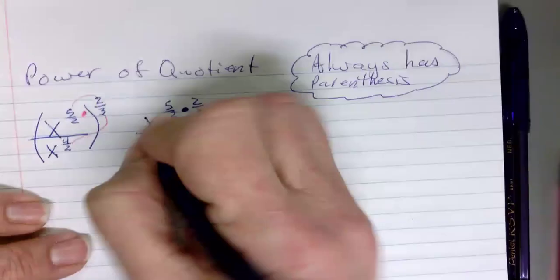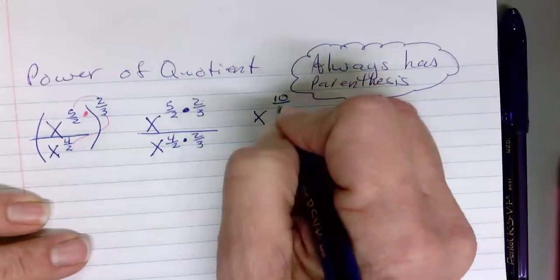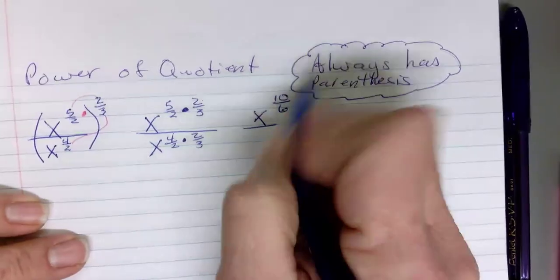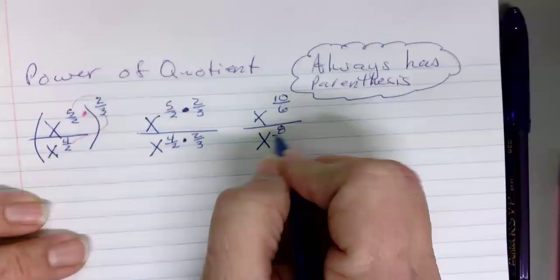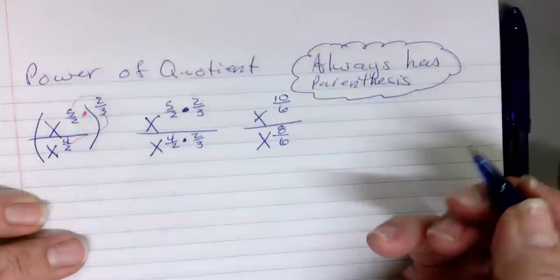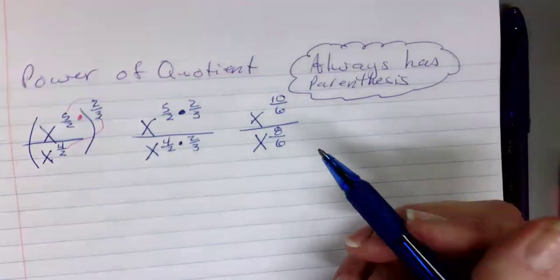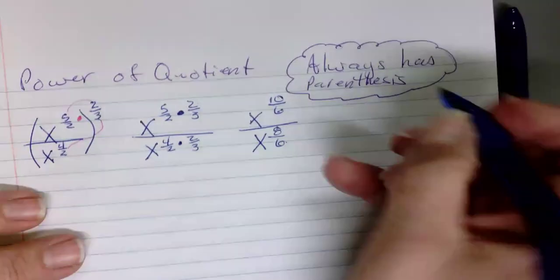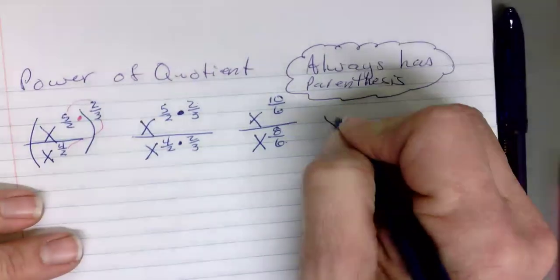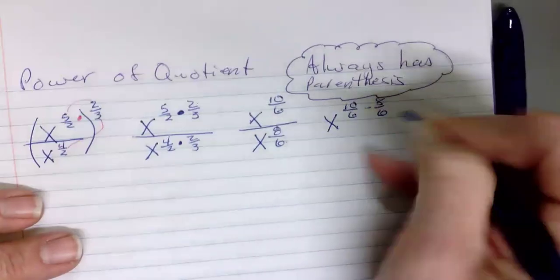So now I can multiply across. 5 times 2 is 10, 2 times 3 is 6, so I get x to the 10 over 6, and then x to the 4 times 2 is 8 over 2 times 3 is 6. I can absolutely reduce these, but I don't want to yet because right now I have like denominators and I love that. So let's keep those like denominators so that I can go x to the 10 over 6 minus 8 over 6.